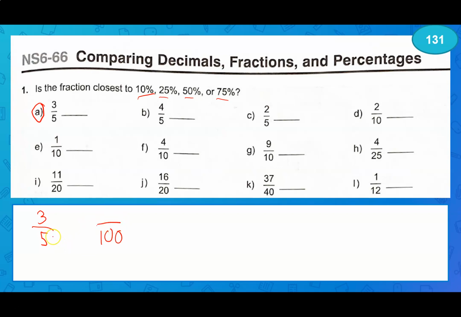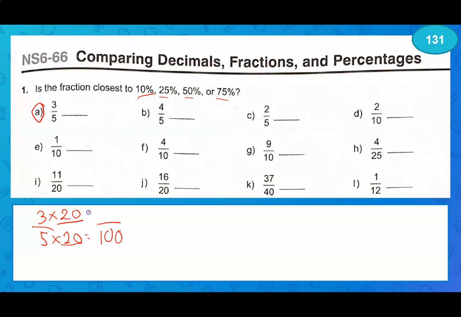We need to ask ourselves, what times 5 equals 100? Well, I know 5 times 2 equals 10, so if I add a 0, 5 times 20 equals 100. If we multiply the bottom by 20, we must multiply the top by 20 as well.